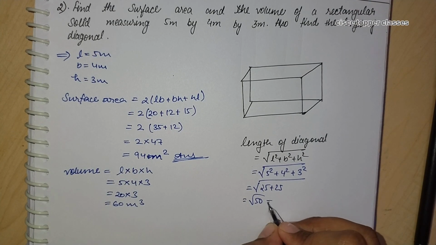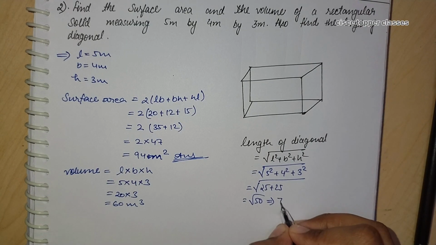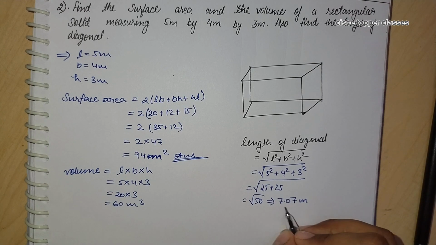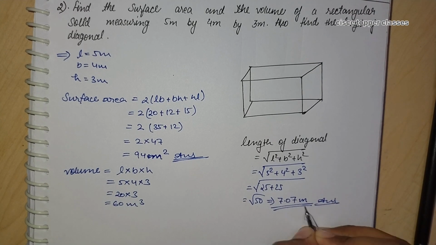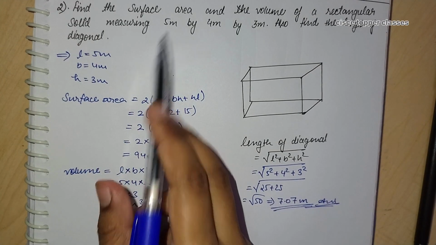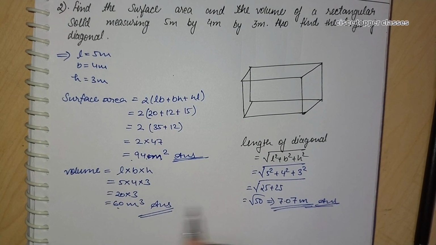If you want to find the value of under root 50, this will be 7.07 meter is the answer here of the third part. So this is the solution of the question second, in which we have to find surface area which is equal to 94 meter square, then volume which is 60 meter cubic, and then length of the diagonal as 7.07 meter.